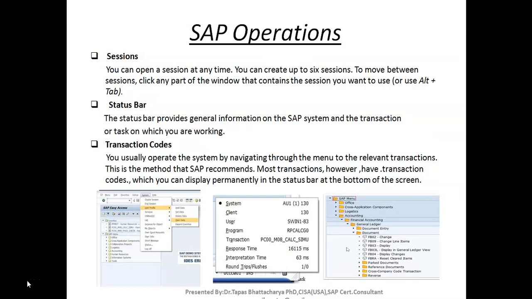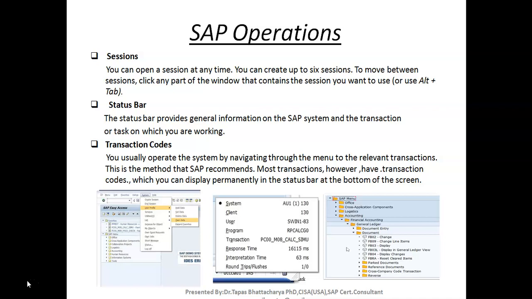Next slide, it talks about the sessions, status bar, and transaction code. These three things you need to know. What is a session? Any user can open six screens at a time. Each and every screen is called a session. To move from one screen to another, you use Alt plus Tab. Whenever you are in a particular session, in the right hand side corner, you can look at the status bar.